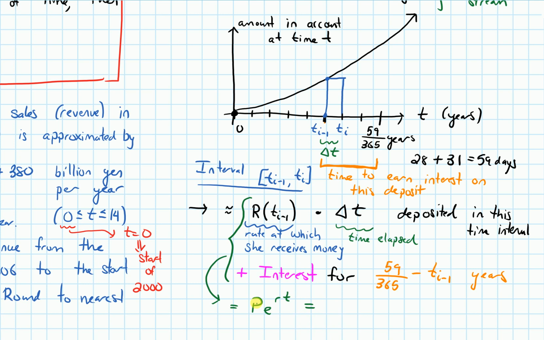P represents the initial amount, which in this case is how much was deposited in this time interval, which is r of t sub i minus 1 times delta t, and then we multiply that by e to the rt.